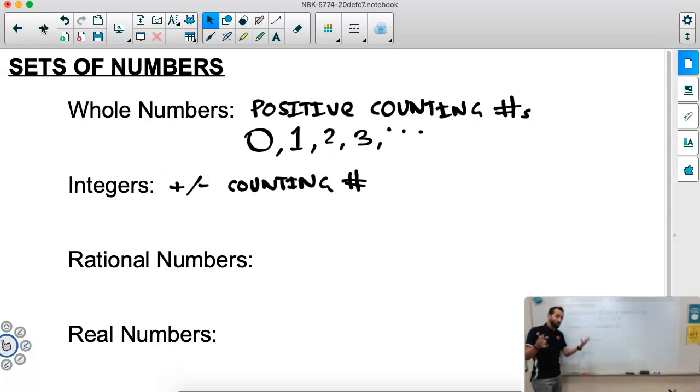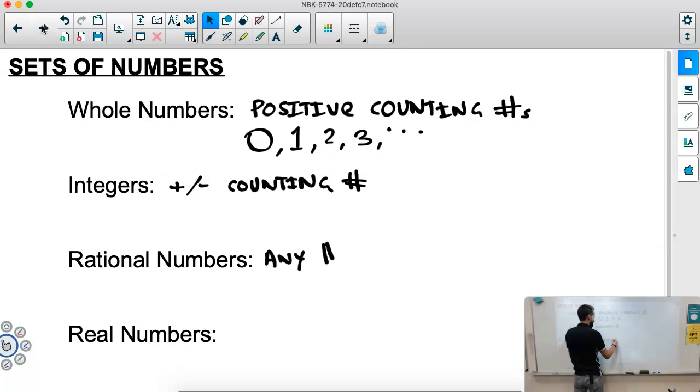Okay, the reason we're talking about this is, number one, for some vocabulary, so we could say we're referring to these numbers. If it says give an integer, you know it could be a positive or negative, and it's a counting number. It's a number that is not going to include a decimal. Rational numbers, then, the formal definition is any number that can be written as a fraction.